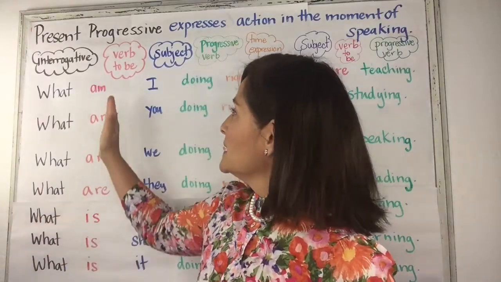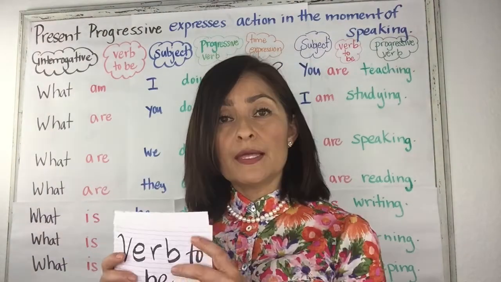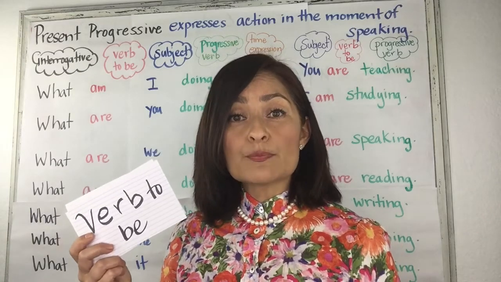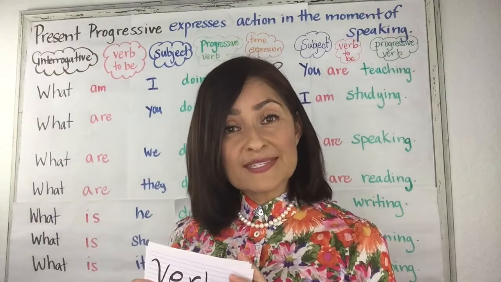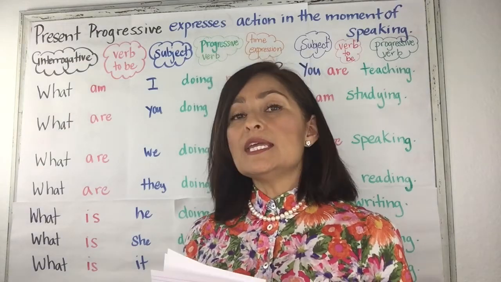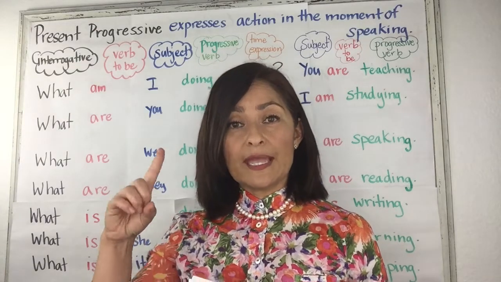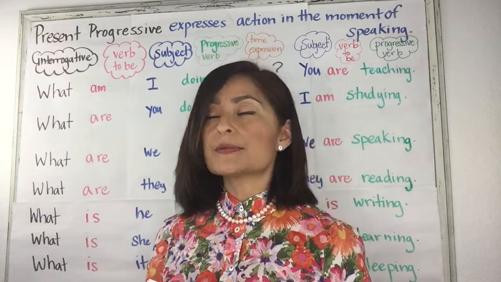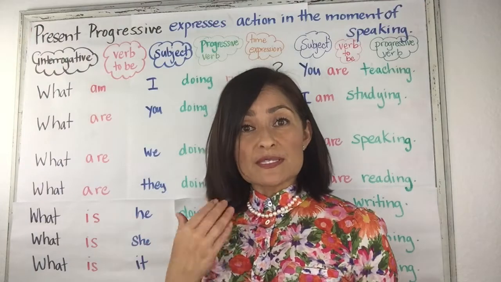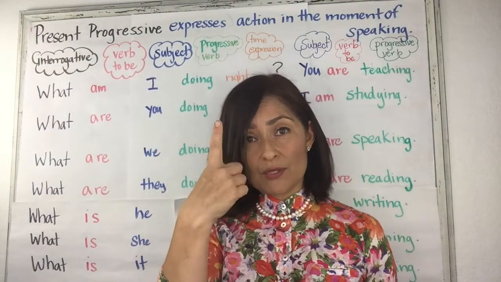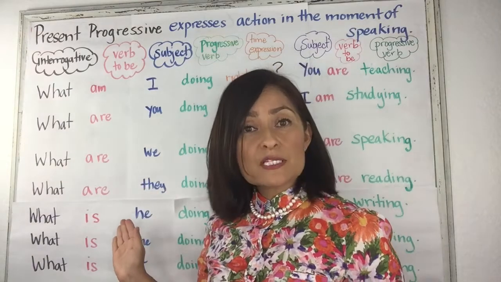Now, let's talk about the verb to be. Am, are, and is all express one thing, present. Separately, they express different things, but each of them expresses the present. Am also expresses singular. That is why it is used with the pronoun I, because it is singular. Are expresses plural.